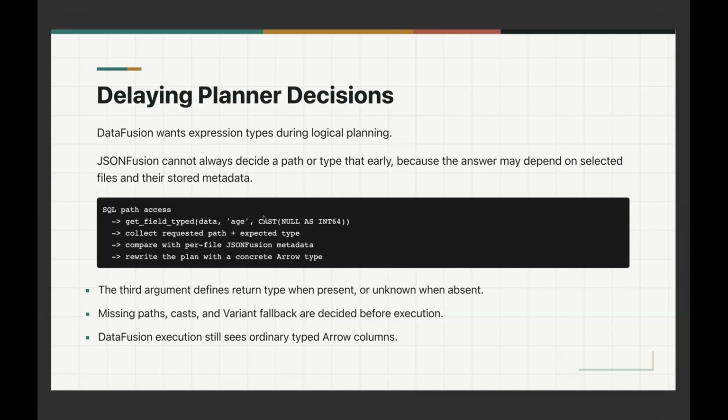In another case, if it is compared with a non-JSON-data value or non-column, for example you write a predicate like data.age equal to something, then for an equal operator we know the types on both sides usually should be the same.